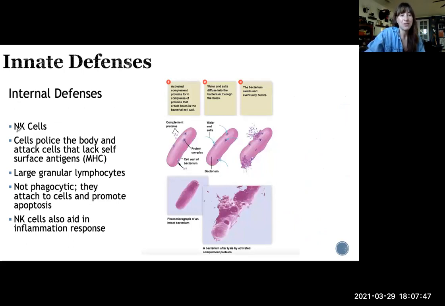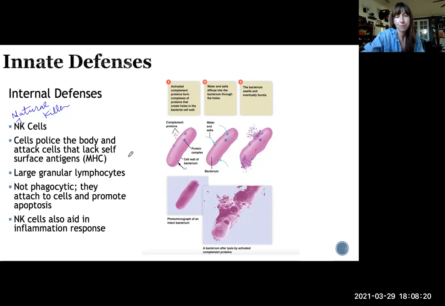You also have these natural killer cells, right? These guys are these amazing cells, part of the innate immune system, so everybody has them for the most part. These guys are also floating throughout the body, in the bloodstream, in the extracellular fluid, wherever. They're just patrolling around the entire body at any given time, and they attack anything that doesn't have self-surface antigens.